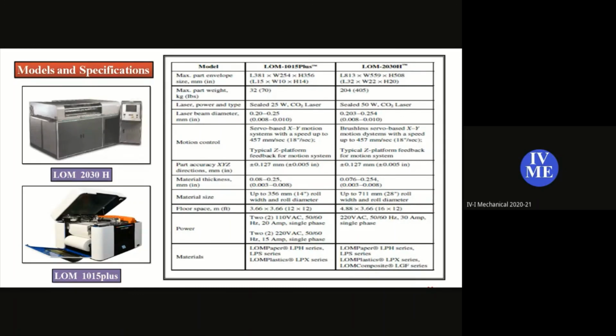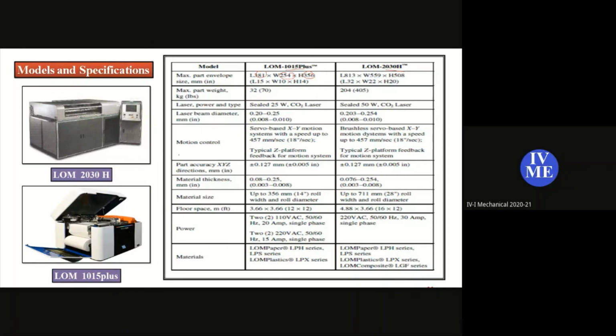The maximum part envelope for the 1015 plus is 381 by 254 by 356: length 381, width 254, and height 356. For the 2030H, we can develop length 318, width 559, and height 508.